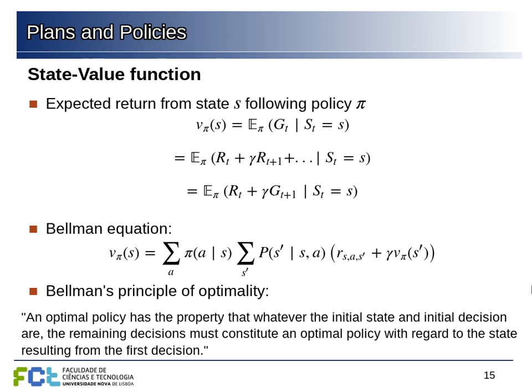Because we can do this recursively. So we see what the reward is now, and then discount everything that comes up.